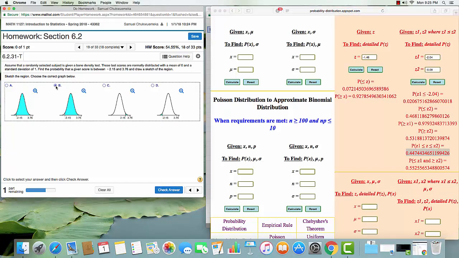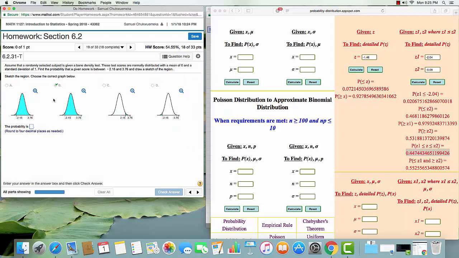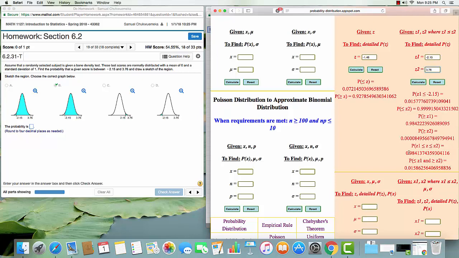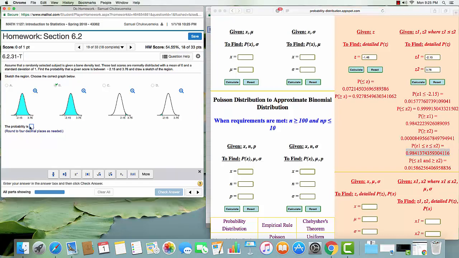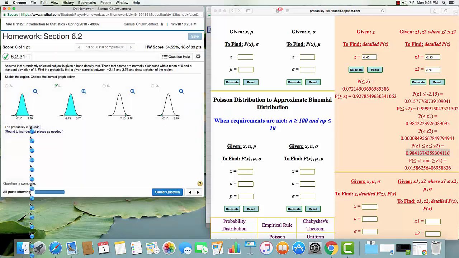That is this, option B. Negative 2.15 and then 3.76. And this is what you should be looking at here. 0.9841. 0.9841. Okay.